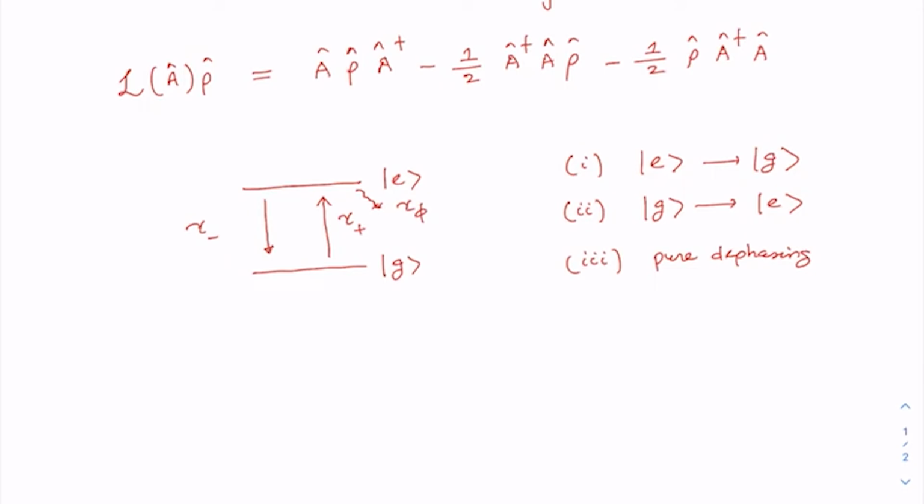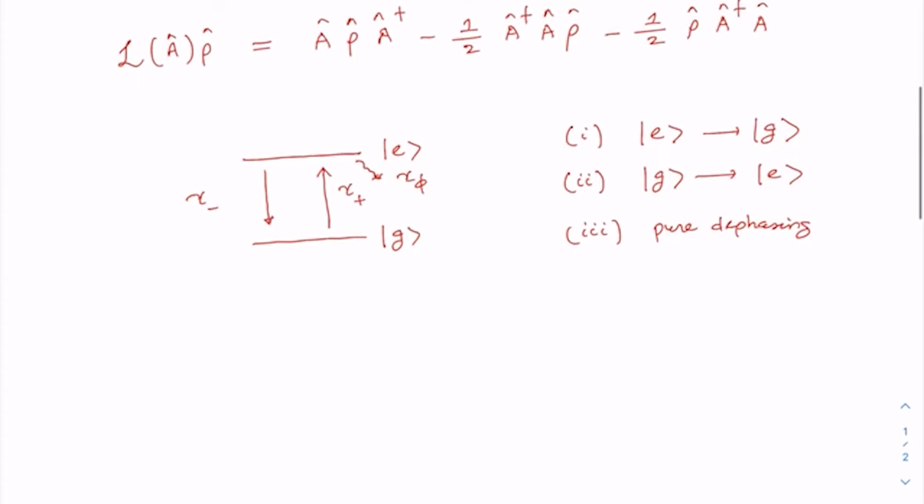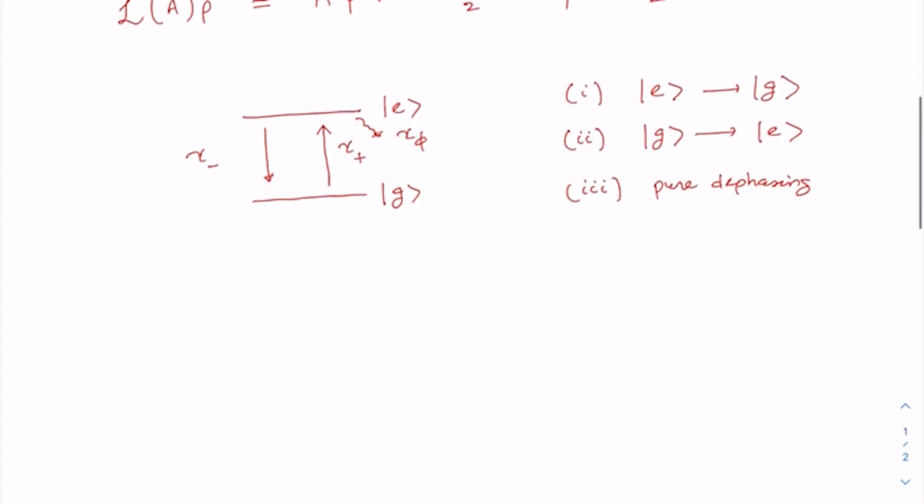So we are going to consider these three processes, and we can define relaxation operators corresponding to these three processes. For the emission process, let us say this is the relaxation operator, A minus is equal to |g><e|, we are going from the excited state to the ground state, and this is the atomic lowering operator sigma minus, and this process is happening at the rate gamma minus.